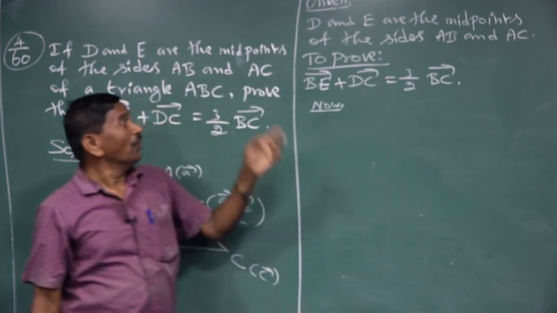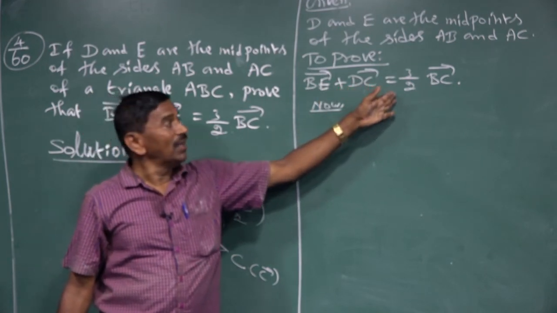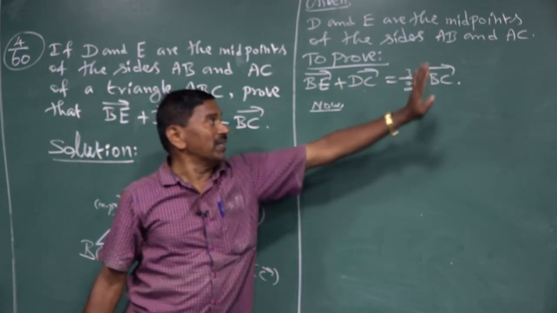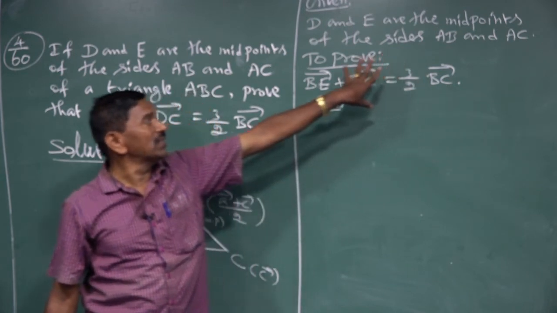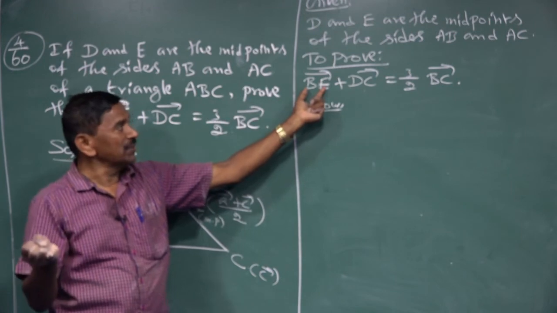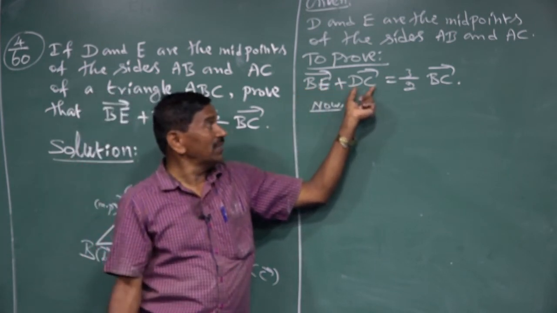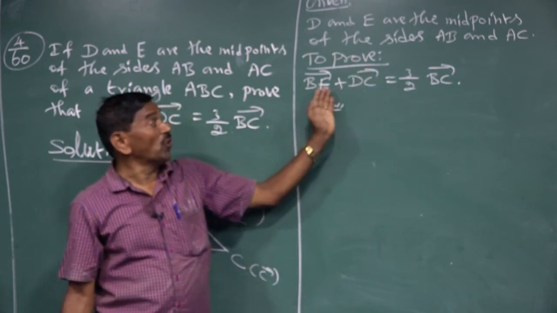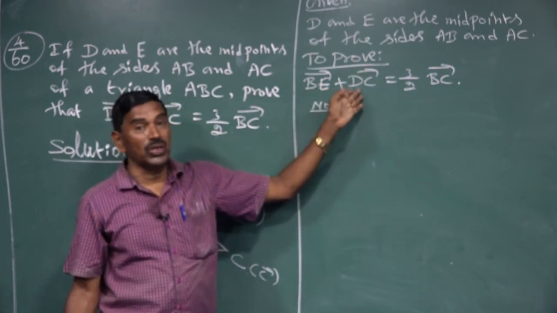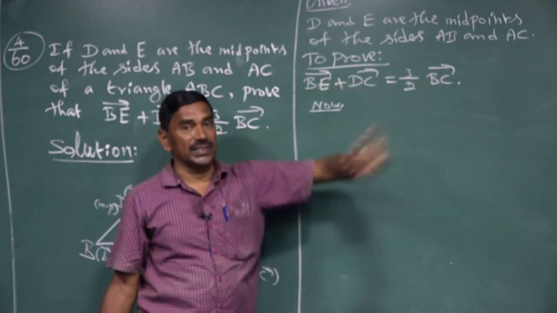We want to prove the sum of two vectors is equal to 3 by 2 of BC vector. To prove this result, first let us find BE vector, first equation. Then let us find DC vector, second equation. Then adding 1 and 2, we are going to get the required answer.